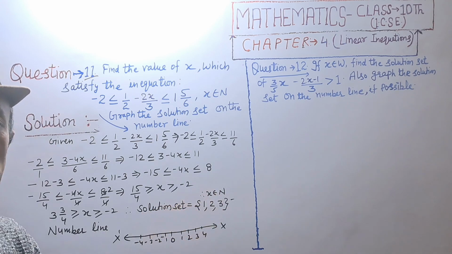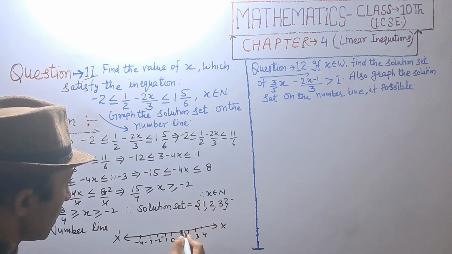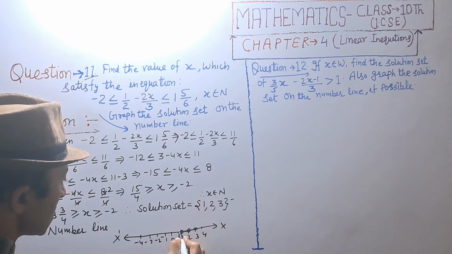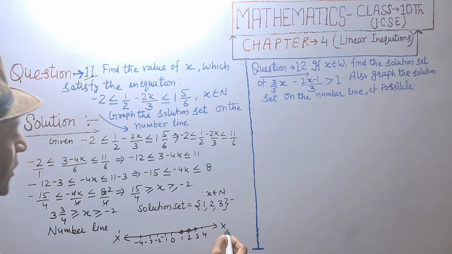X belongs to natural numbers, which start from 1, 2, 3. So mark 1, 2, 3 on the number line. Answer.